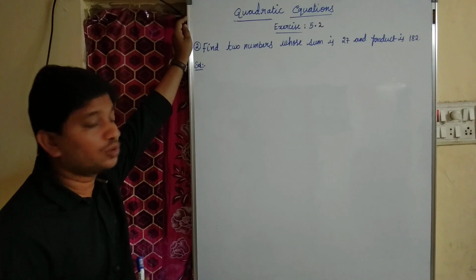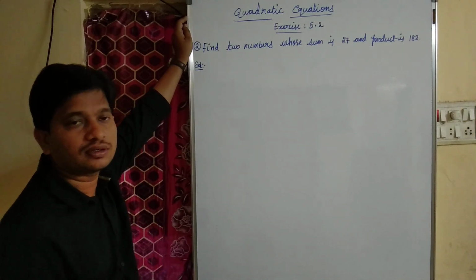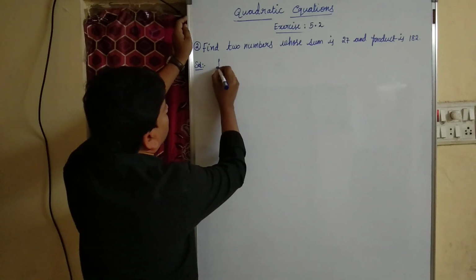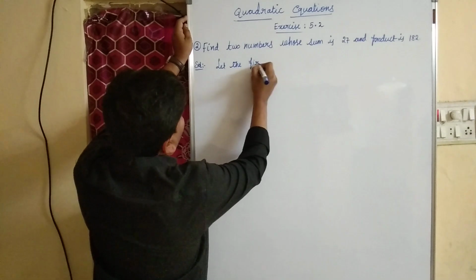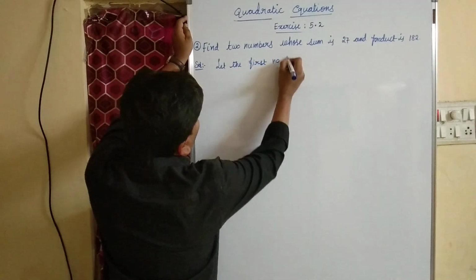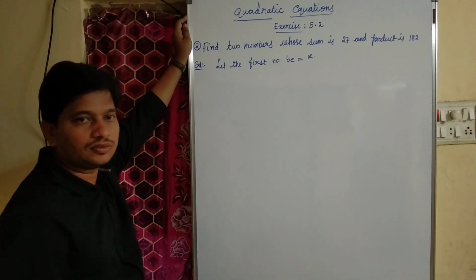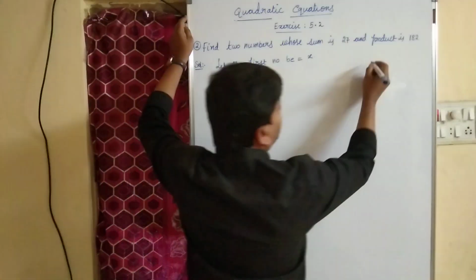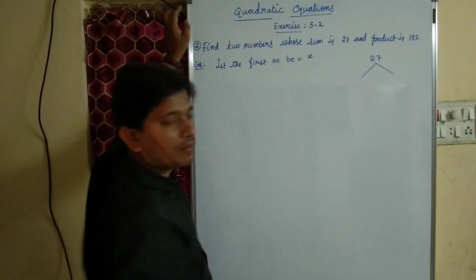We don't know what the two numbers are, but their sum is 27. Let the first number be x. As given, the sum of two numbers is 27. How many numbers?